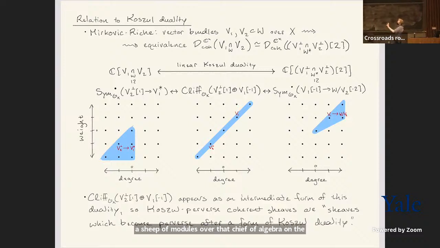And so the heart of this T structure are those sheaves that become perverse after we apply this intermediate form of causal duality here. So those are perverse coherent sheaves of modules over this middle algebra. Any questions?